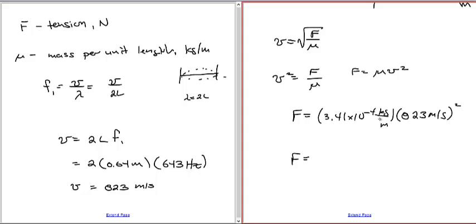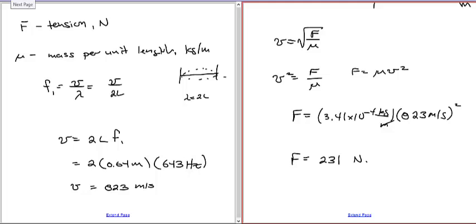Now if you look at the units, you'll get kilograms meters per second squared, because this will cancel out with one of these, which is a newton. 3.41 e to the minus 4 times 823 squared, and we got 231 newtons.